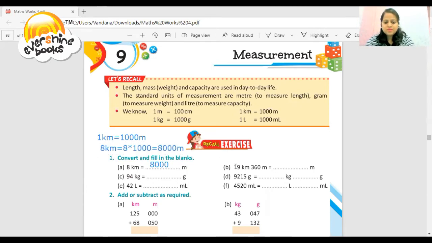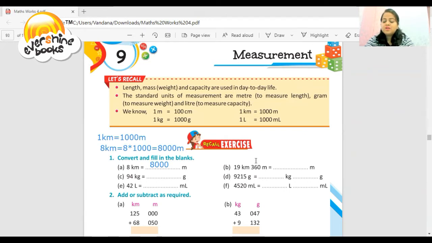Now, this is the B question. In this, 1 kilometer is equal to 1000 meters, then 19 kilometer and plus 360 meter also you have to count. For converting into meter, you have to count both.